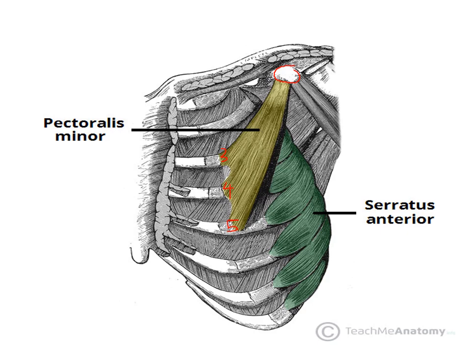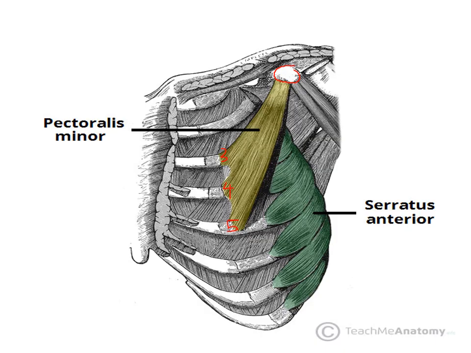So it attaches on that medial border of the anterior surface of the scapula. It is supplied by a special nerve we know as the long thoracic nerve. And in terms of its function, it is involved in protraction and rotation of the scapula. Usually, we say that when we want to abduct at the shoulder joint, the serratus anterior muscle is involved in abduction all the way up to 180 degrees.